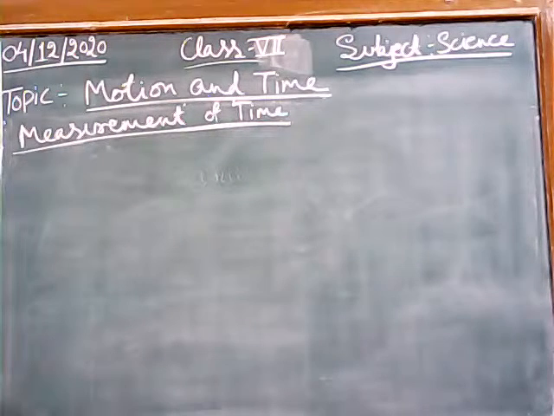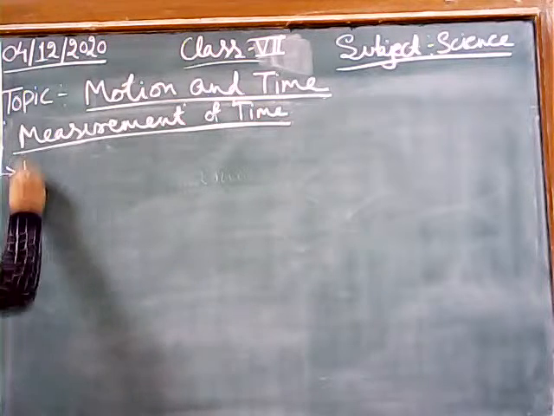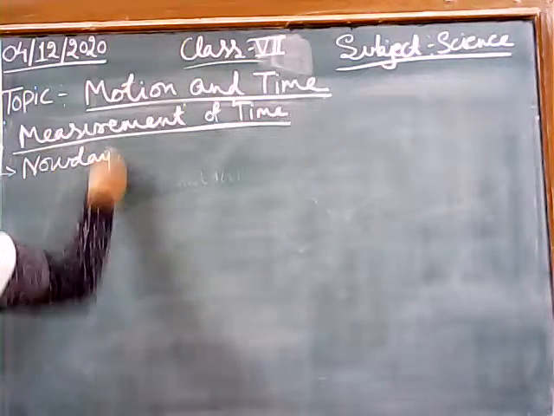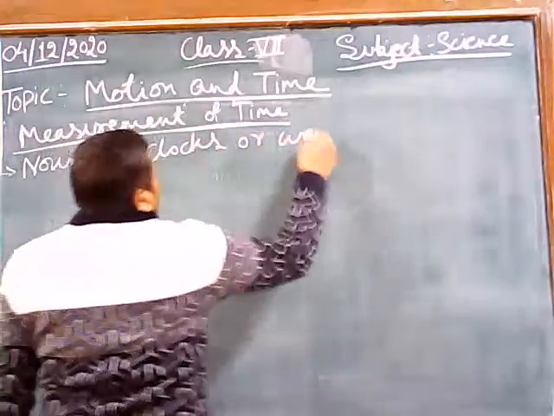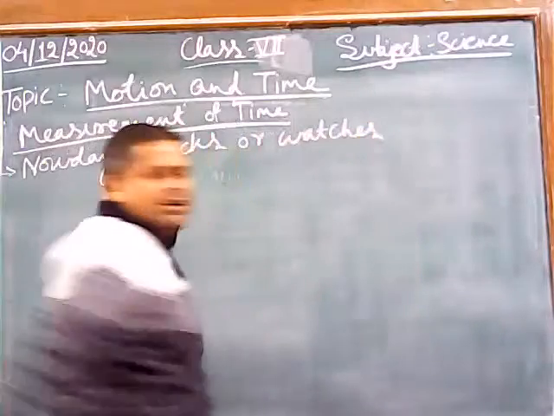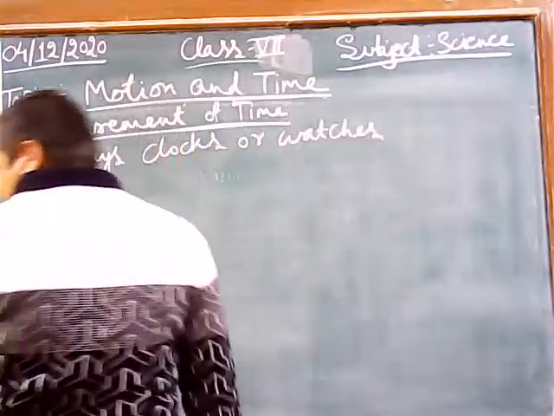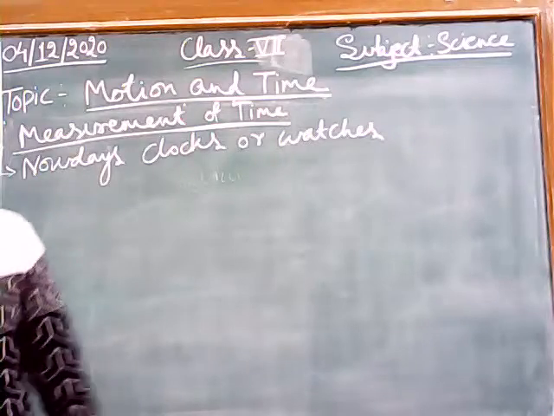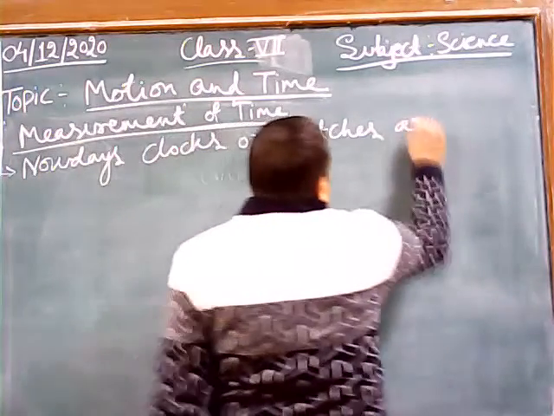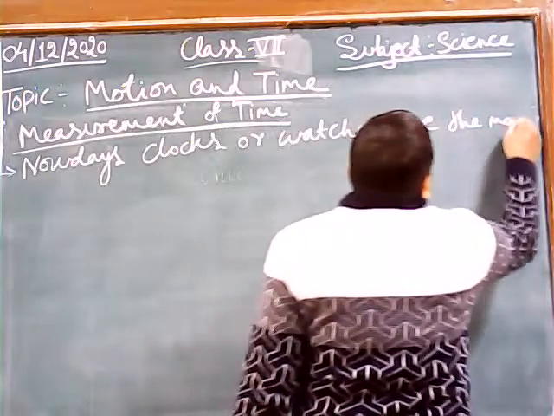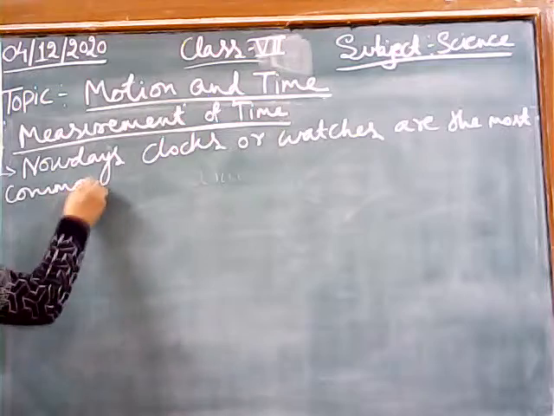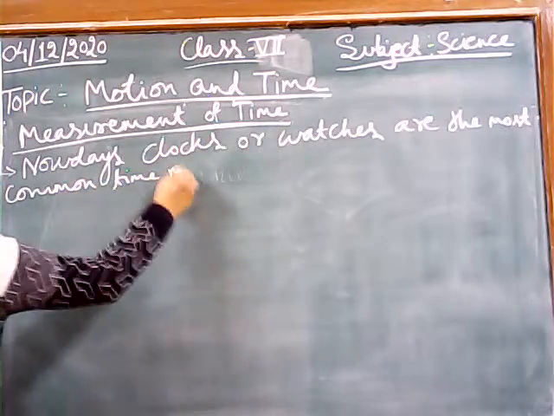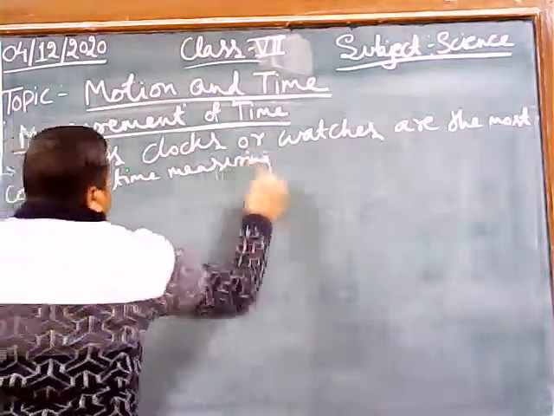Now, nowadays clocks or watches and mobile clocks or watches are the most common time measuring devices.